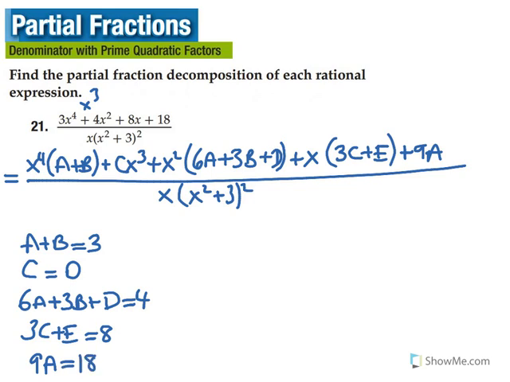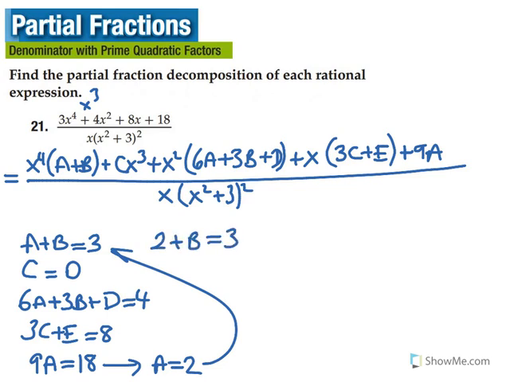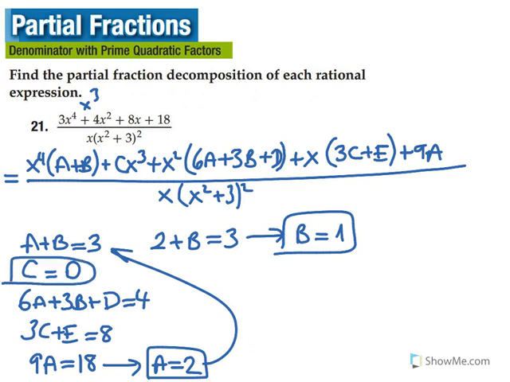So let's start solving. First I can say a is 2, and I substitute here. I have 2 plus b equals 3, so b will be 1. Let's take them into boxes, and I know that c is 0.